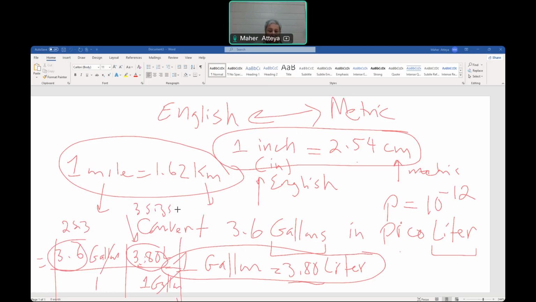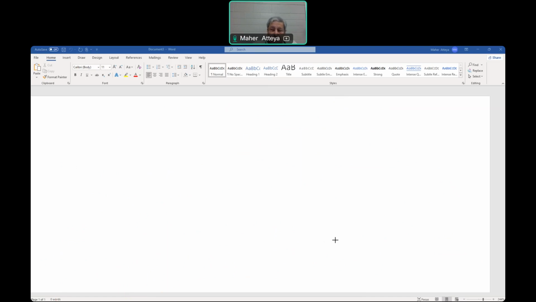Let's take another example, metric to English, and see how we can do this. Well, we did the gallon, which is volume. Let's do the length.